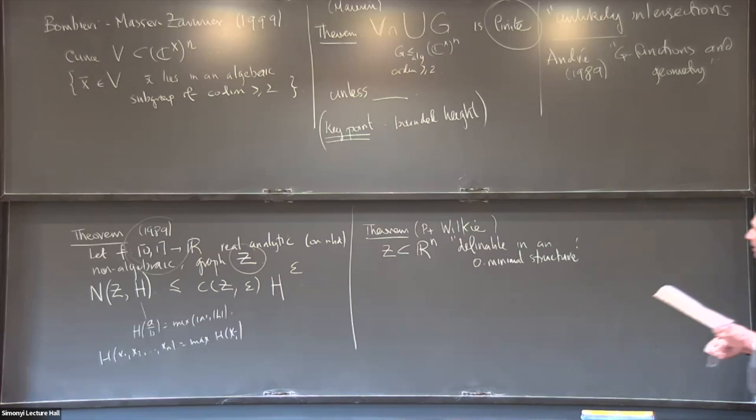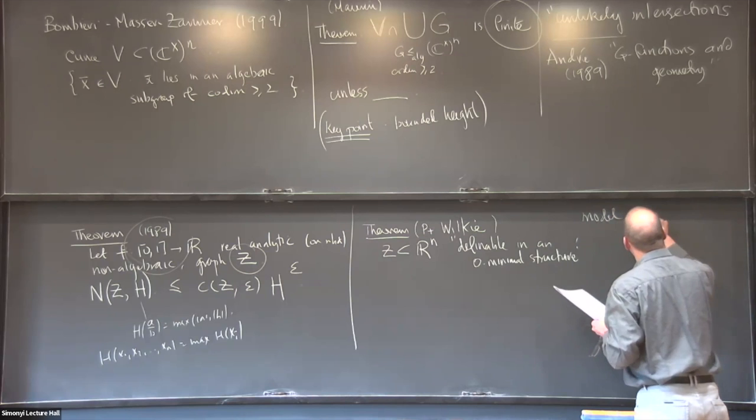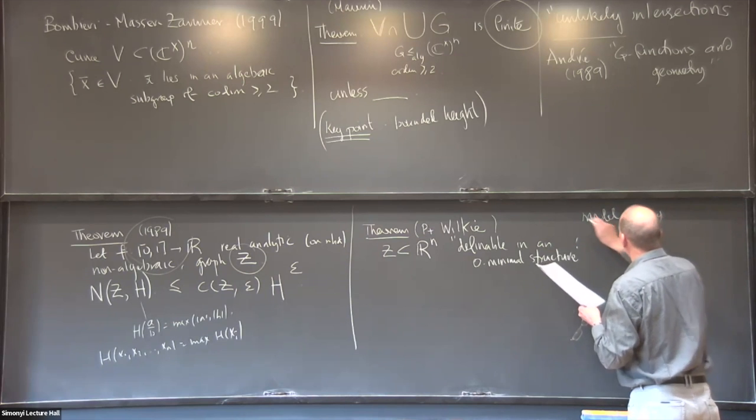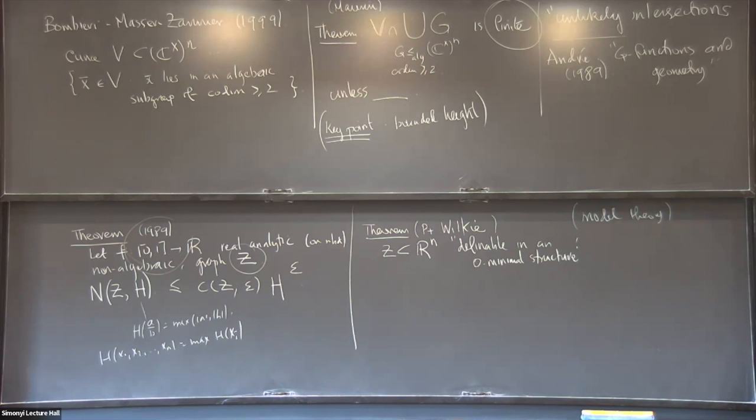It's a notion from model theory. I'm not going to say too much about that. It grew from the model theory of the real exponential. It's somehow a model theoretic statement that the real exponential function is very tame.